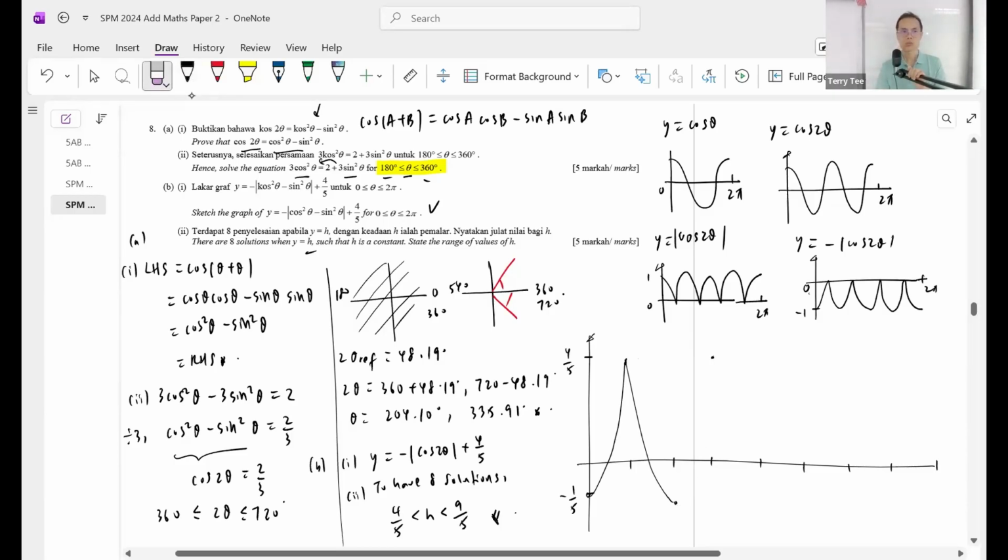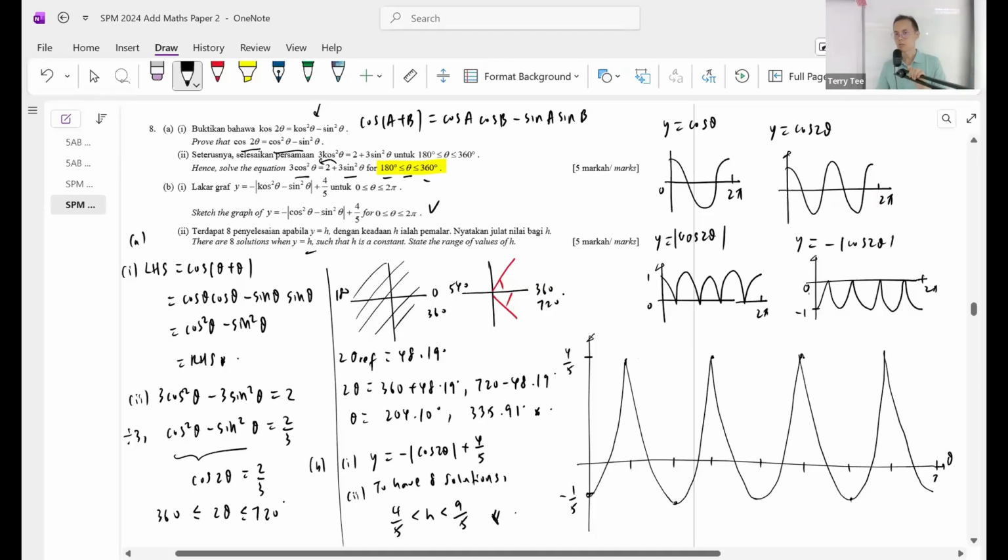Up again, down, touching at one point, up again, down. Wow, this part is ugly. Up again, and down. Okay, that's it.